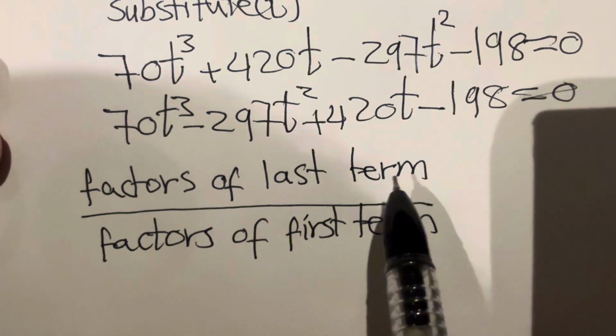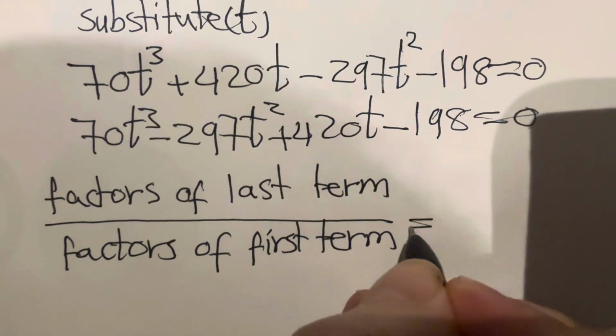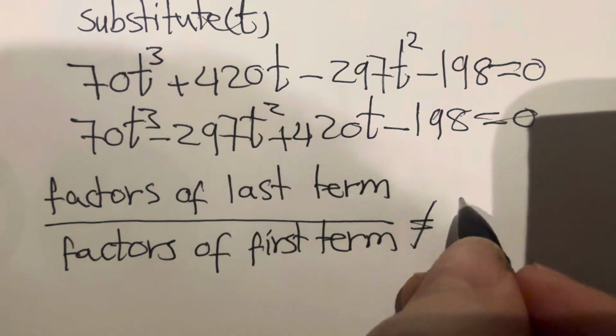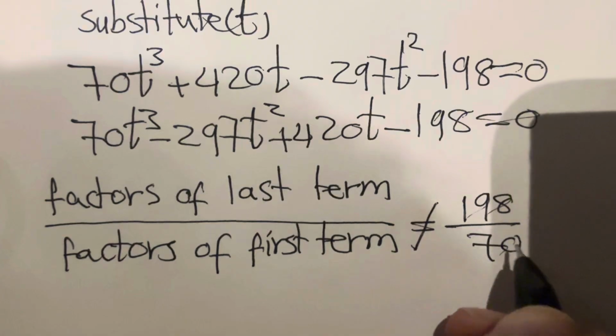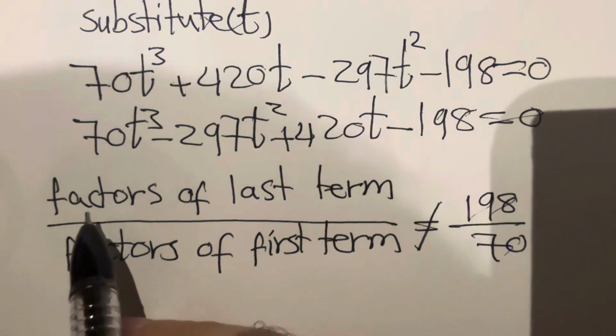So remember, this is not equal 198 over 70. No, we say factors.